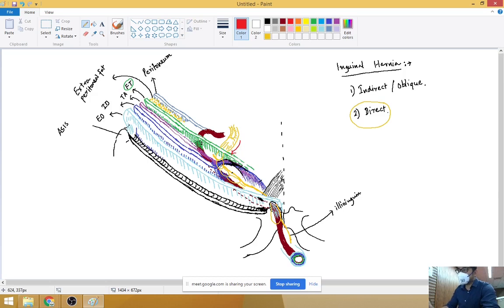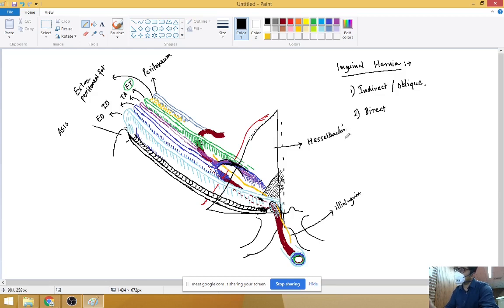Here there is another catch, that is an artery which is traveling like this and creating a triangle like this, and this triangle is known as Hasselbach's triangle.